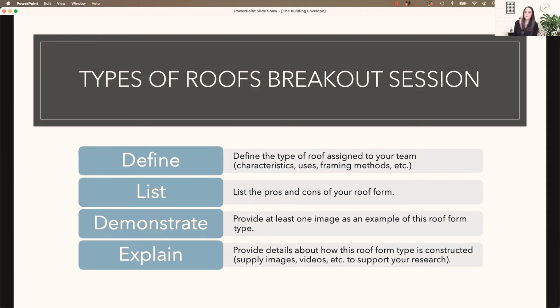So we have 7 types of roofs. I think we have 16 people on right now.